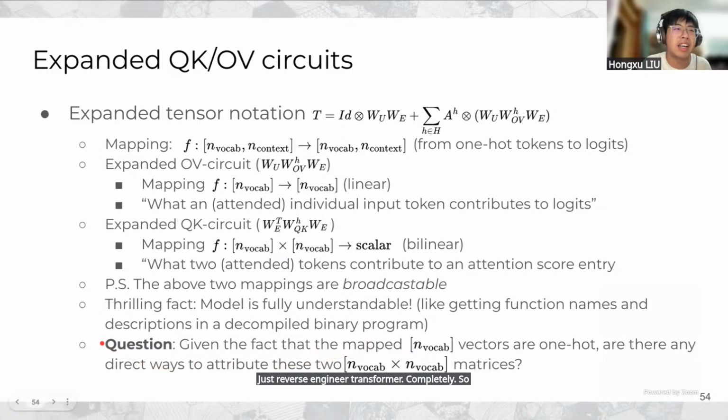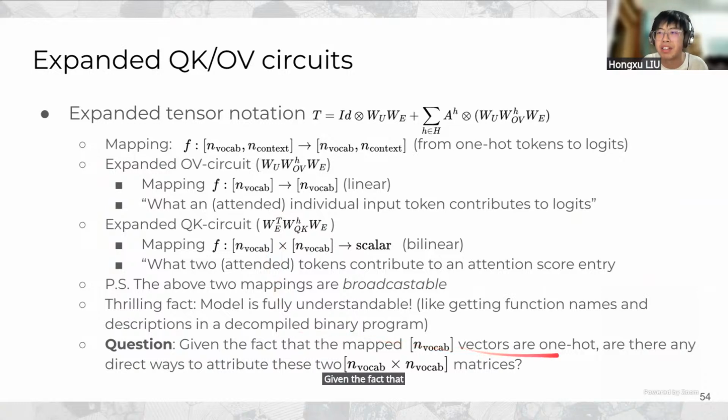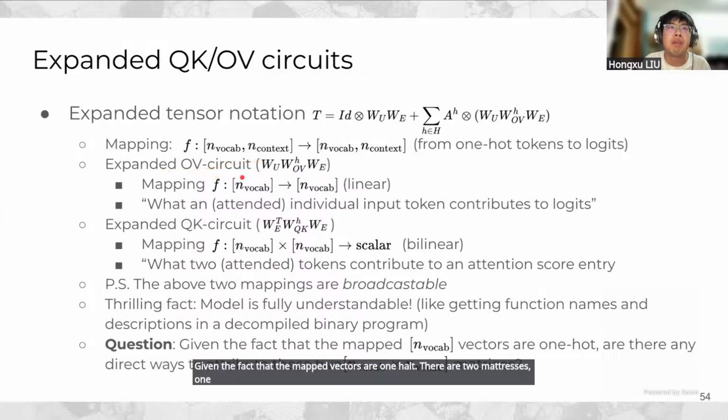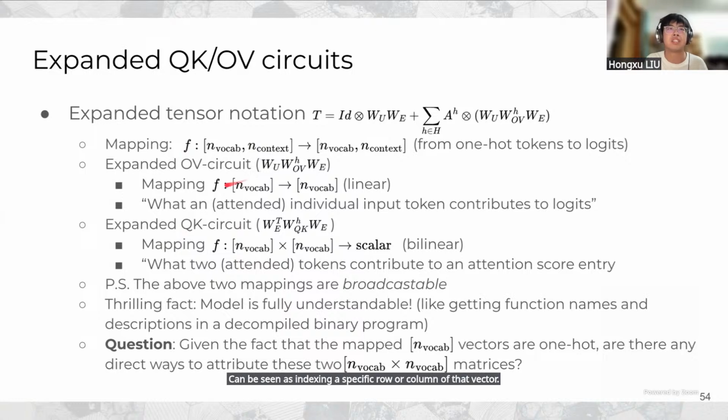So maybe I shall answer the question myself. Given the fact that the mapped vectors are one hot, for the two matrices, the OV matrix and the QK matrix, matrix multiplication of a matrix and a one hot vector can be seen as indexing a specific row or column of that matrix.